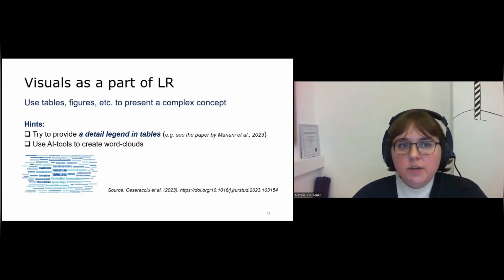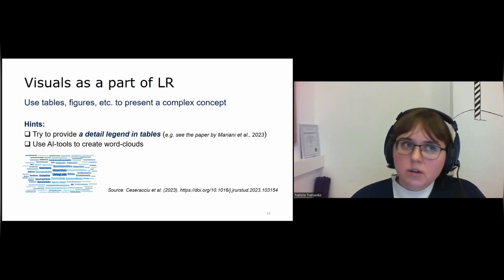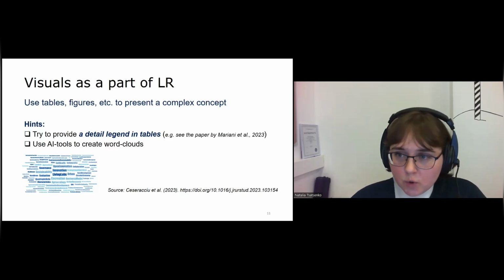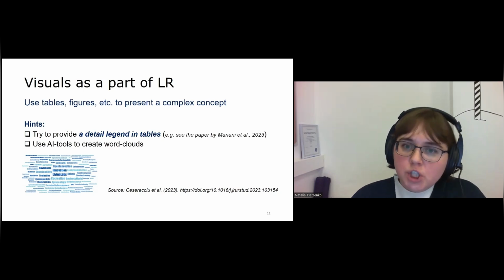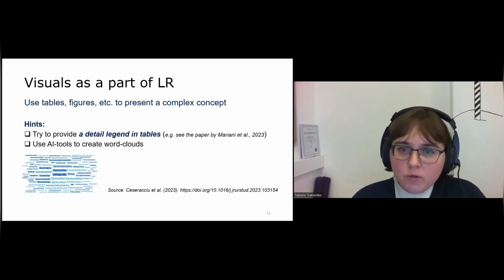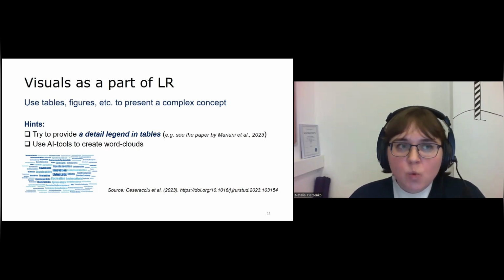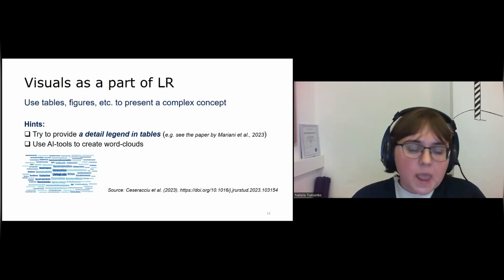If we talk about writing a literature review, it is now important to think about visualization. Use tables, maybe figures, flow charts to present complex concepts or ideas from the papers. And this is one of the hints on how we can evaluate our ideas.